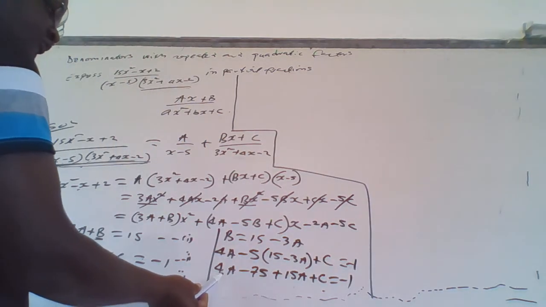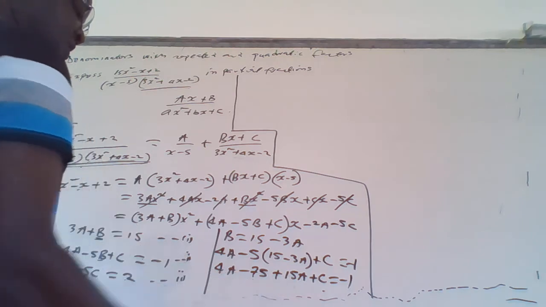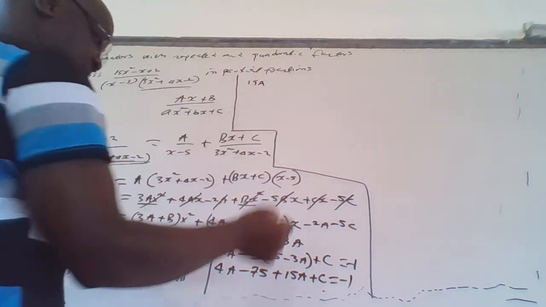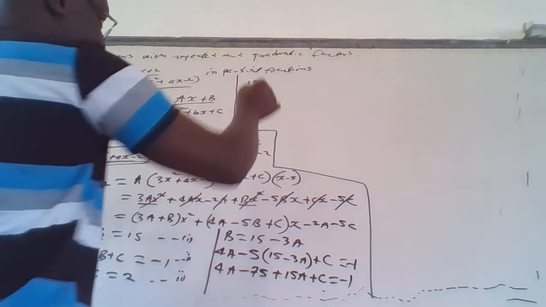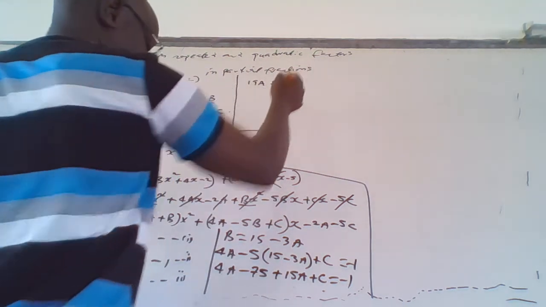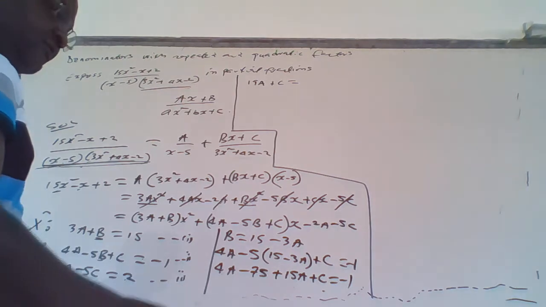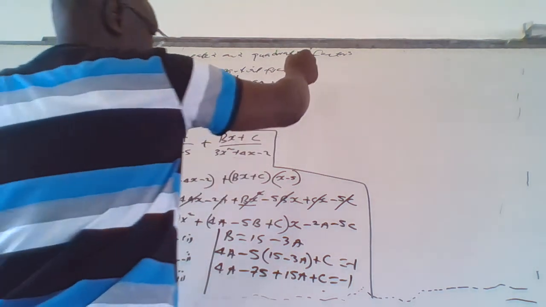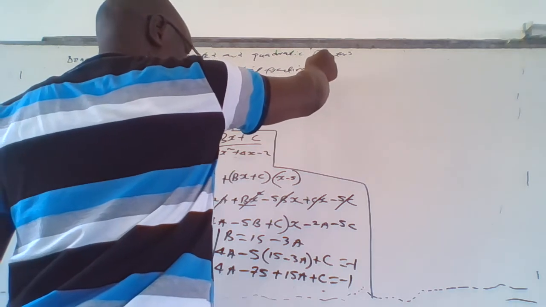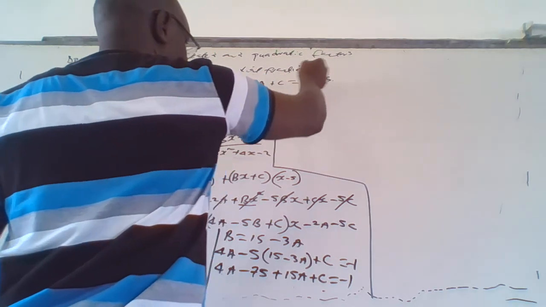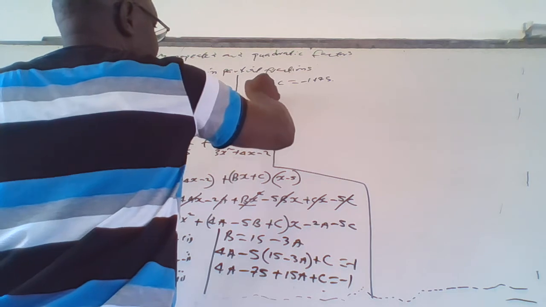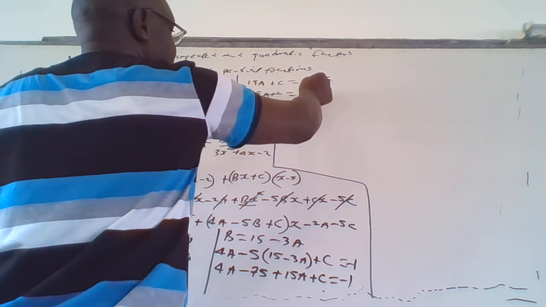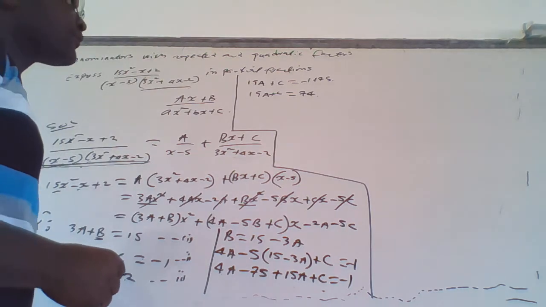Then we have 4a plus 15a, we have 19a, then plus c equals to, now negative 75 moves to the other side, it becomes positive, so it will be negative 1 plus 75. So 19a plus c equals 74.